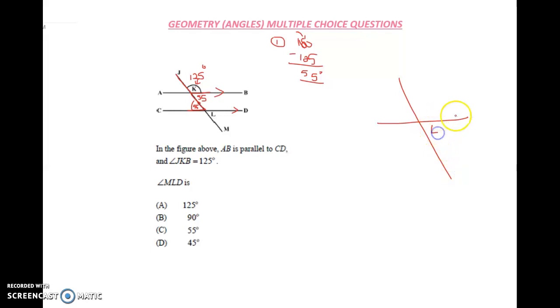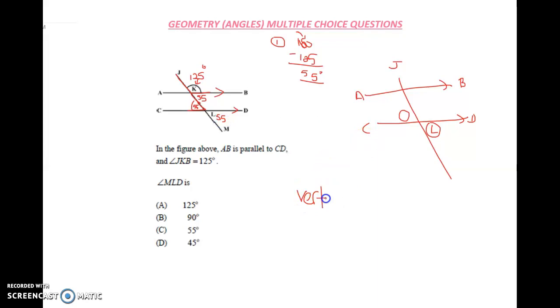So this is L here, this is D, this is C, this is G, and we have AB there, right? Supposed to be parallel. So I'm just going to show you angle L here is actually equal to this angle here. Why? Because vertically opposite angles are equal, right? So therefore L would also be 55, right?